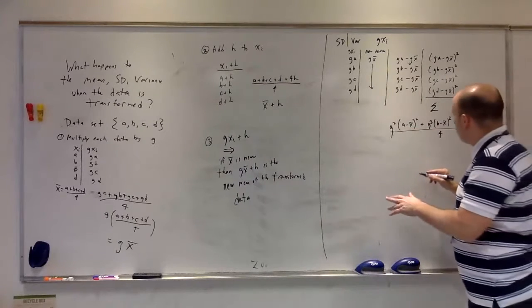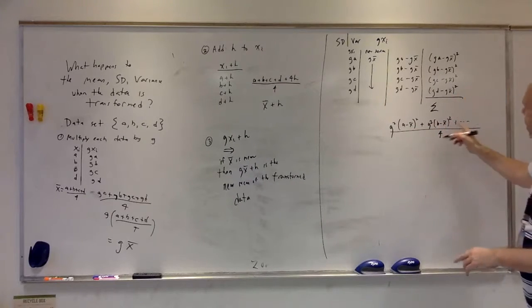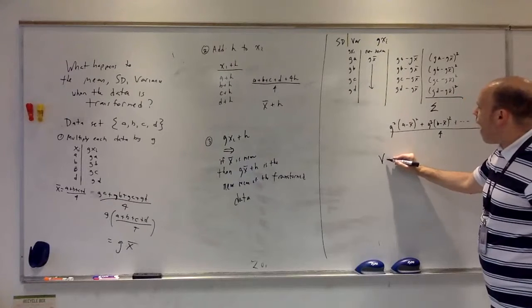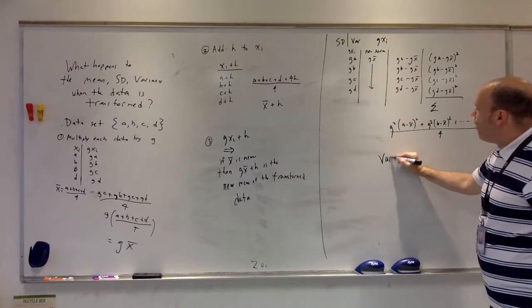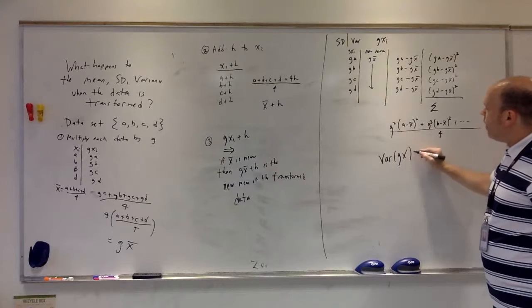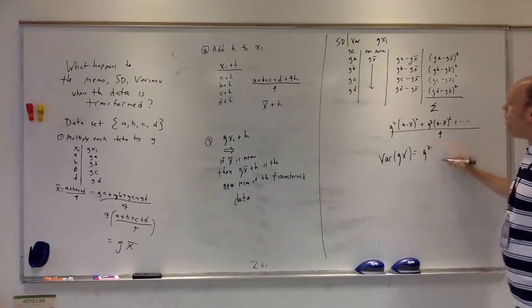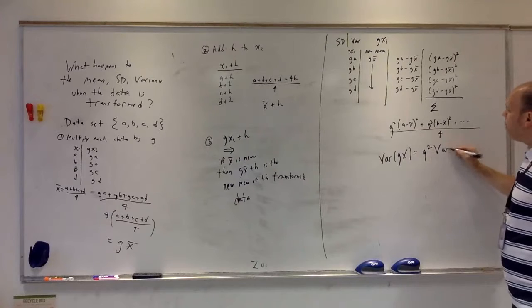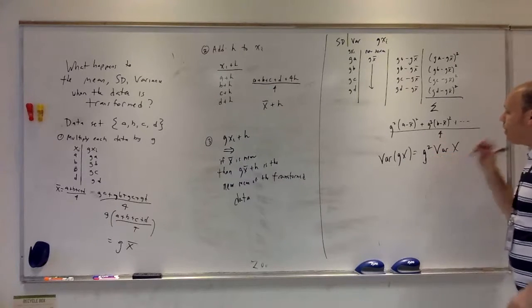So the variance, so what's going on here? When we pull out the g, the variance of gx is equal to g squared times the variance of x.